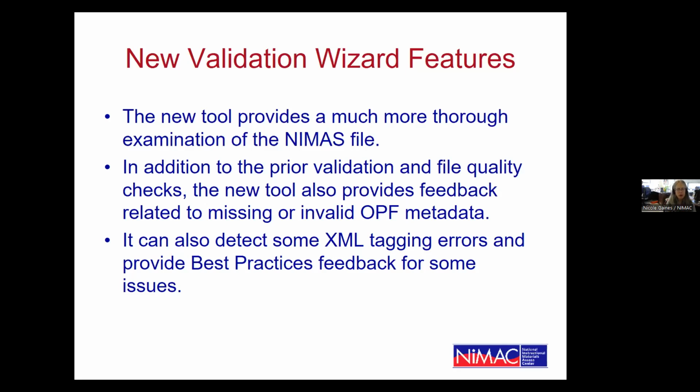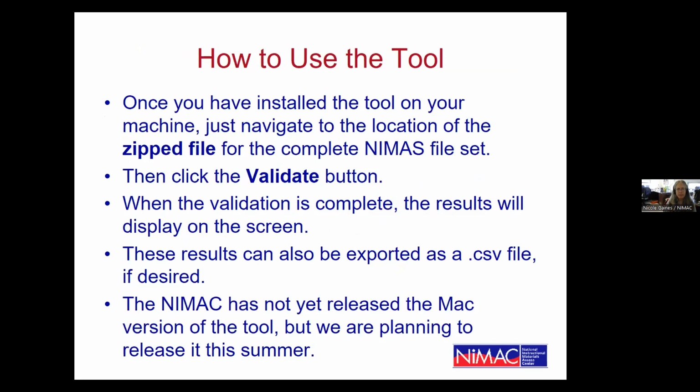As I mentioned before, the automated validation doesn't have any AI in it, so it's not able to say your copyright date is correct, but it can tell you if your copyright date metadata is missing. So to help ensure that at least the required metadata tags are present, we have that level of checking in the new validation wizard. Again, we encourage you to use that new tool to get that additional level of feedback.